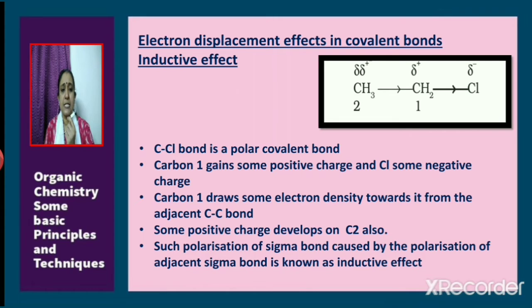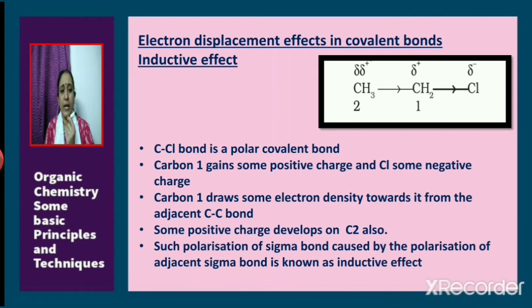For example, consider chloroethane, CH3CH2Cl. We know that the carbon-chlorine bond is polar, with chlorine forming the negative end and carbon forming the positive end. So the C-Cl bond is a polar covalent bond, and carbon 1 gains some positive charge and chlorine some negative charge.